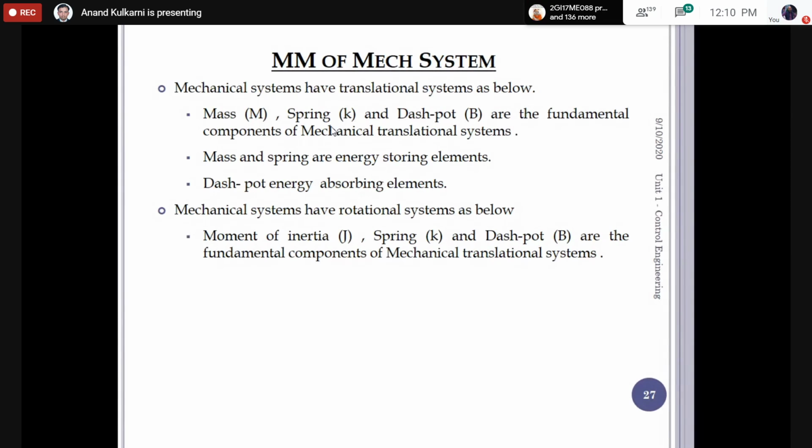Suppose you take a helical compression spring with a stiffness of 1 Newton per mm. That indicates if you apply 1 Newton load, the deflection will be 1 mm. If you apply 2 Newton load, the deflection should be 2 mm. If you apply 3 Newton load, the deflection should be 3 mm. This is what a constant stiffness K of 1 Newton per mm means.